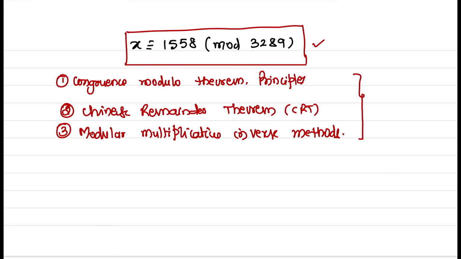This is how we have to find the solution for the congruence system. Three congruences are given here. If two are given, the same procedure is to be adopted.